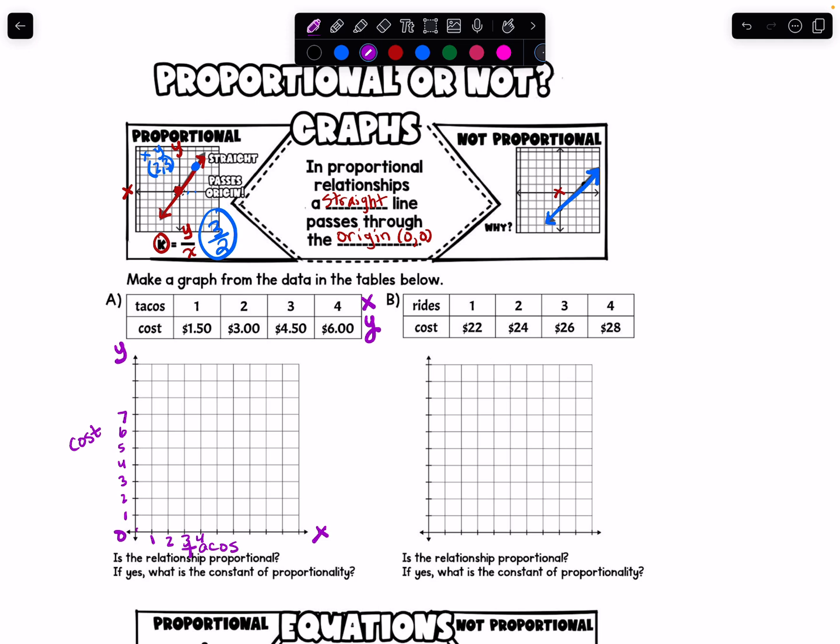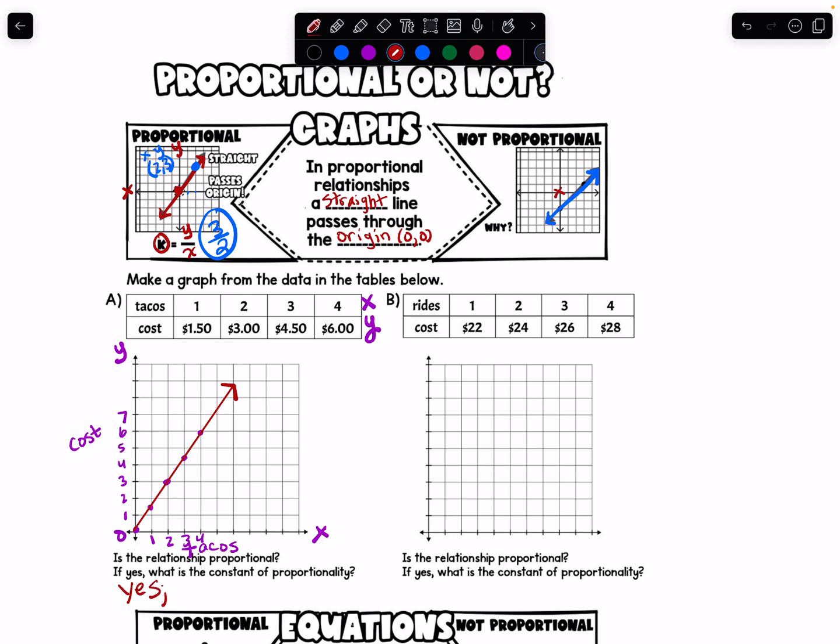So 0 tacos is $0, 1 taco is $1.50, 2 tacos is $3, 3 tacos is $4.50, and 4 tacos is $6. We're going to connect these, and lucky for us, it is a straight line, and it goes through 0, 0. So we can say, yes, this is a proportional relationship.